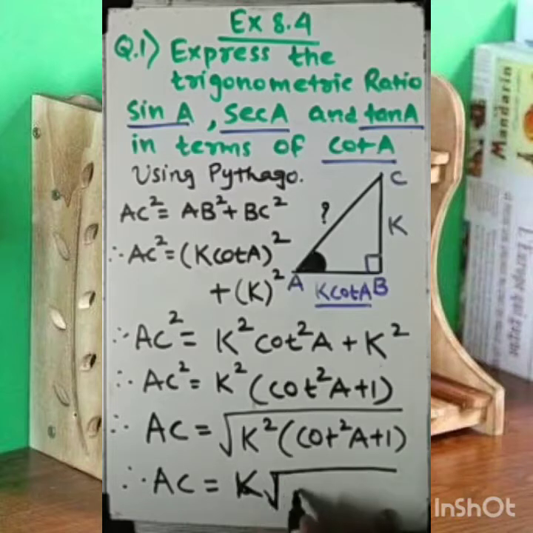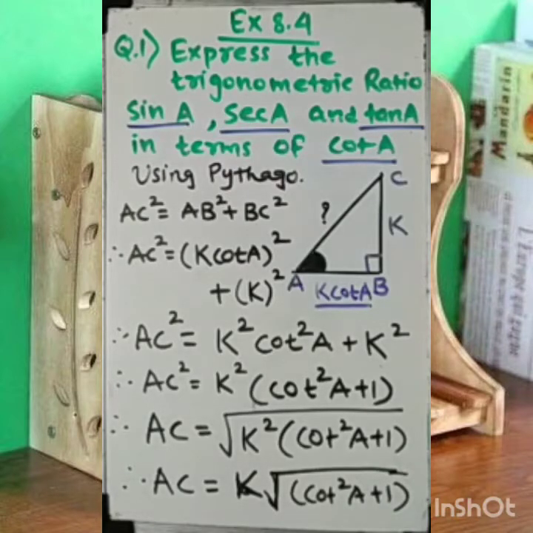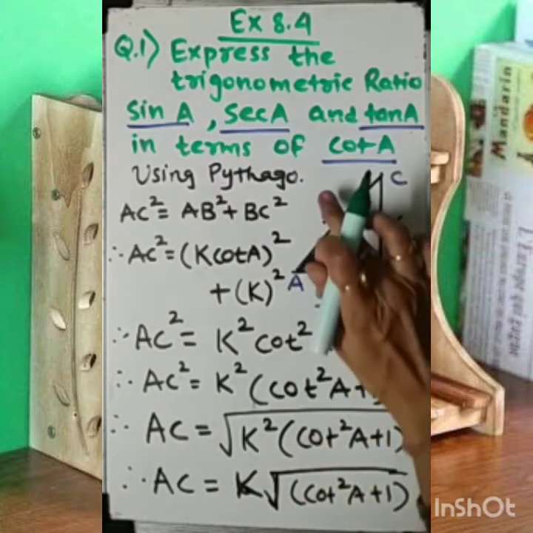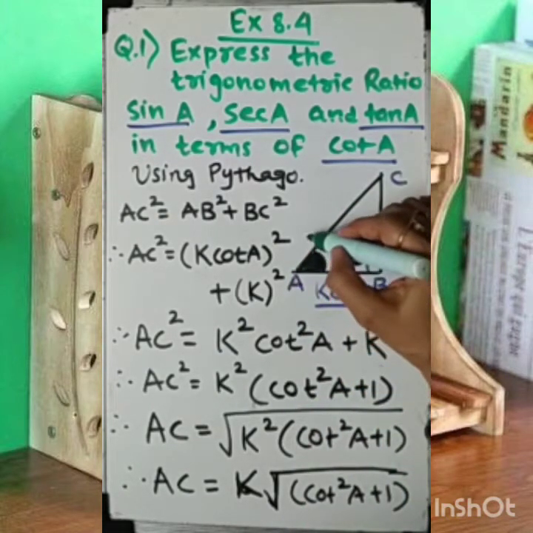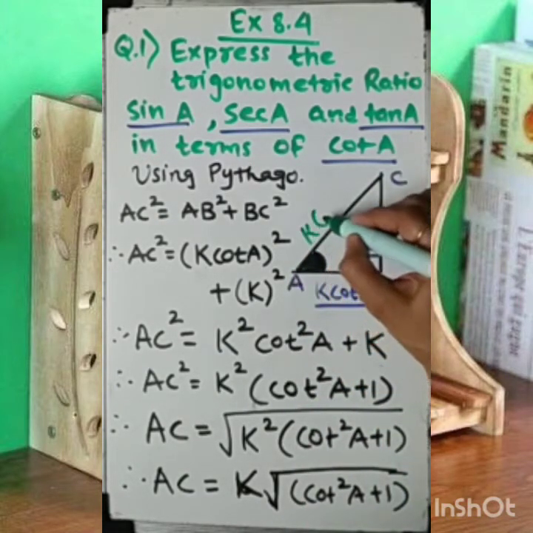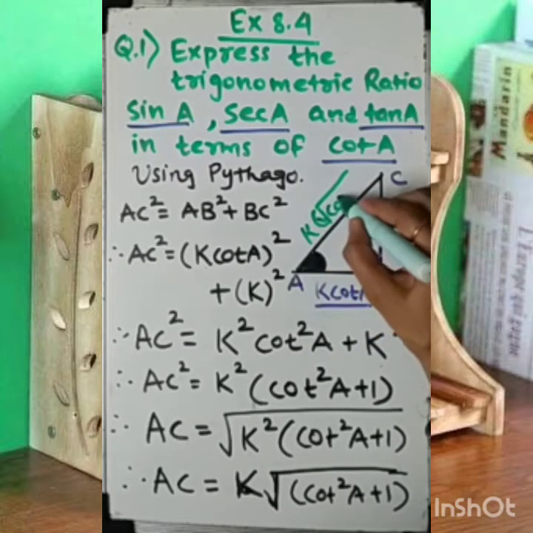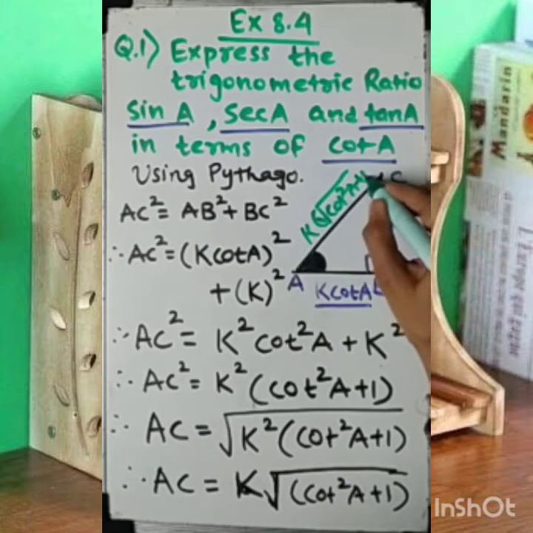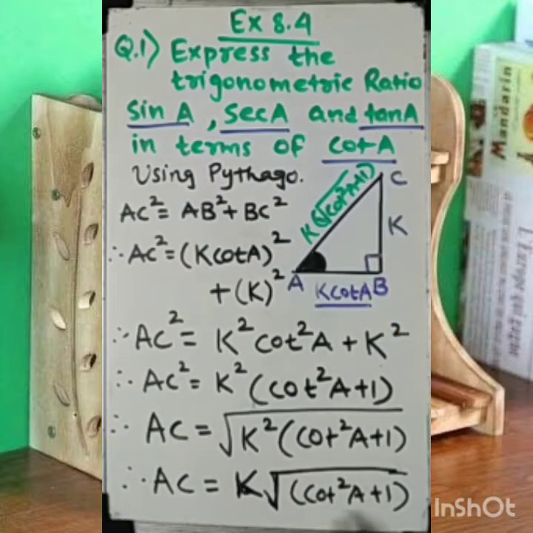So let it be as it is inside the square root. It is cot square A plus 1. So finally, the value of AC we are gaining is K in bracket under square root, cot square A plus 1. Here little bit space is there, but it's clearly visible here. So please mention it properly.